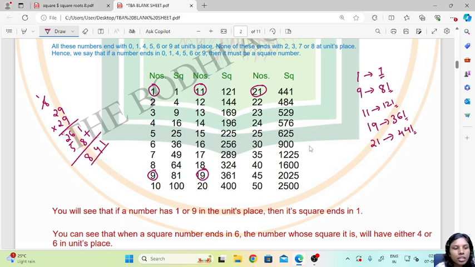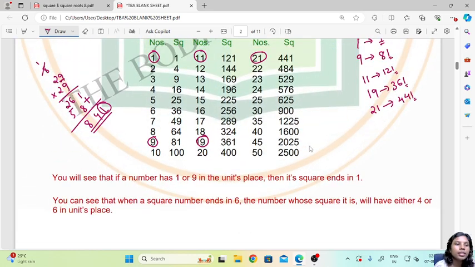So again, we took a number 29 with 9 in its unit place, and in the answer we are getting 1 in its units place. So if a number has either 1 or 9 in the units place, then its square ends with a 1.